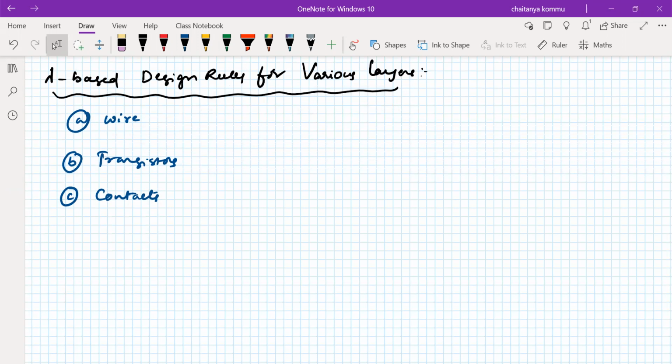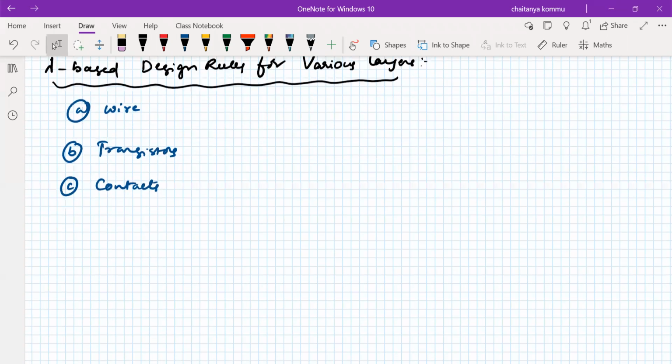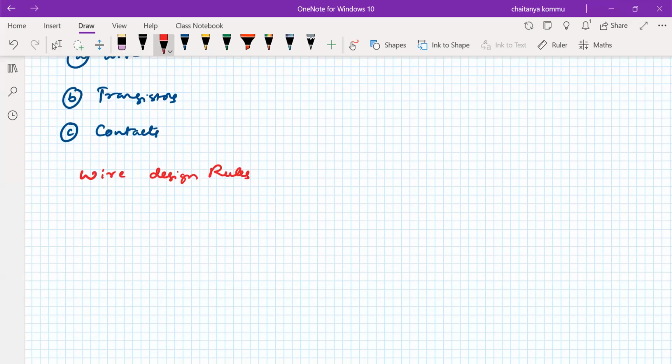Let us consider wire-related design rules. Let us consider a diffusion line.